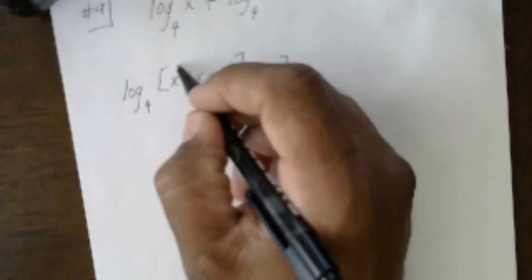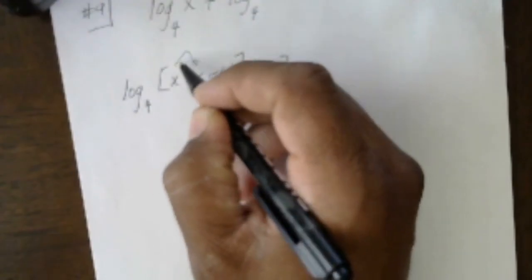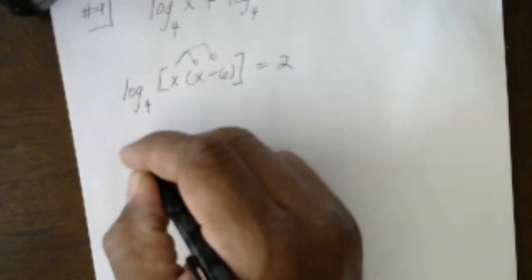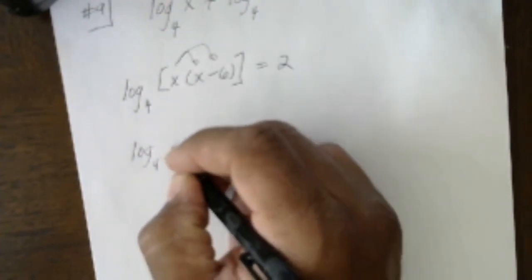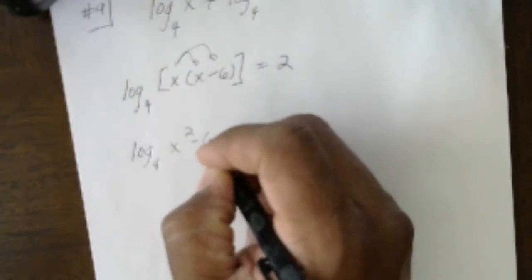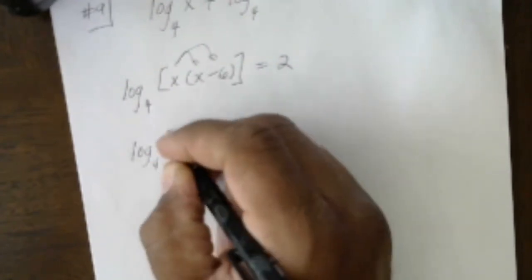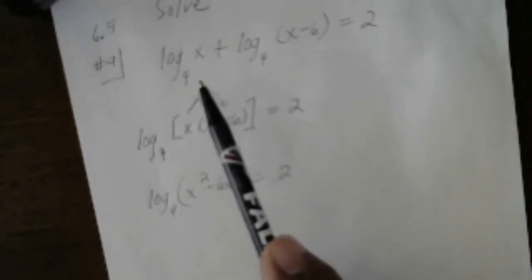So now if I actually multiply, I'm going to multiply everything by x. So I have the log base 4 of x squared minus 6x is equal to 2. So now notice we once had 2 logs, we only have 1 individual log.